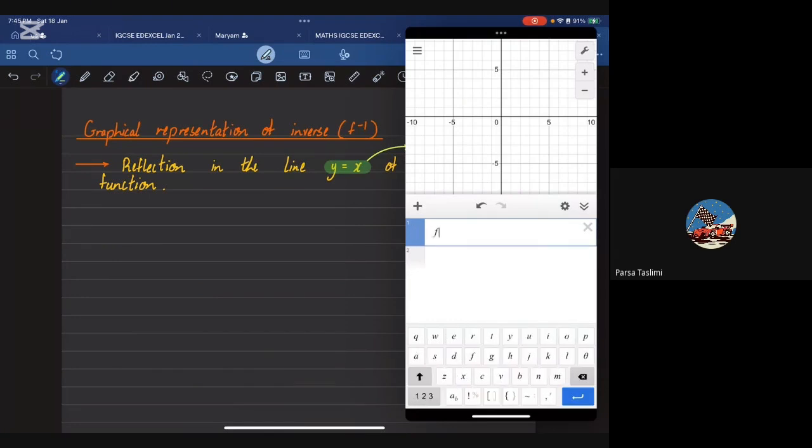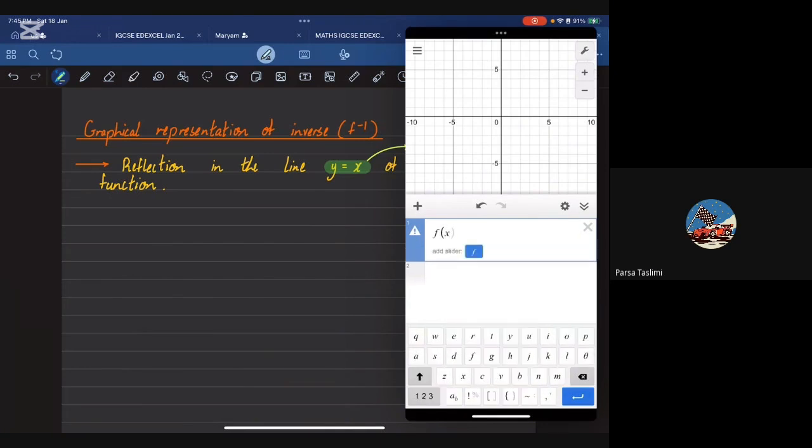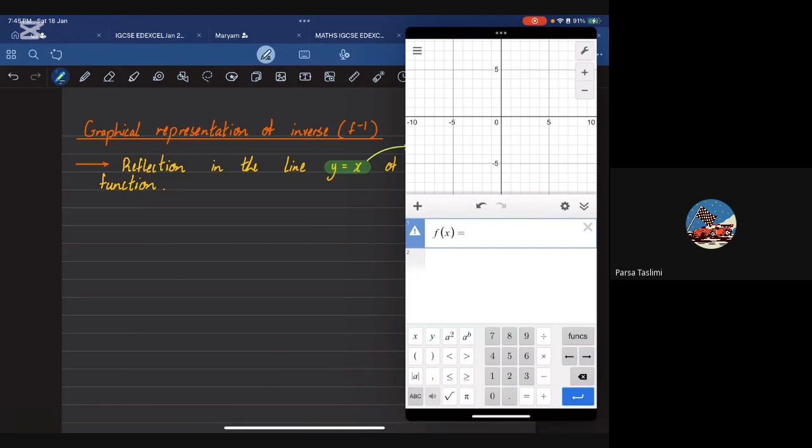Let's try to write down a function f of x is equal to x squared plus 2x plus 3 or minus 3. Okay.